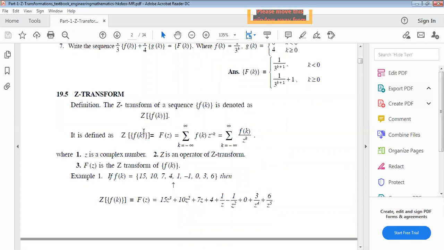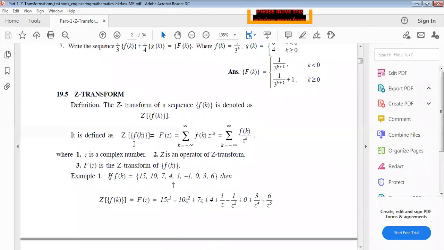It is called the Z transformation of the sequence f of k. Remember, a sequence is always represented with a second bracket. This equals F of z.